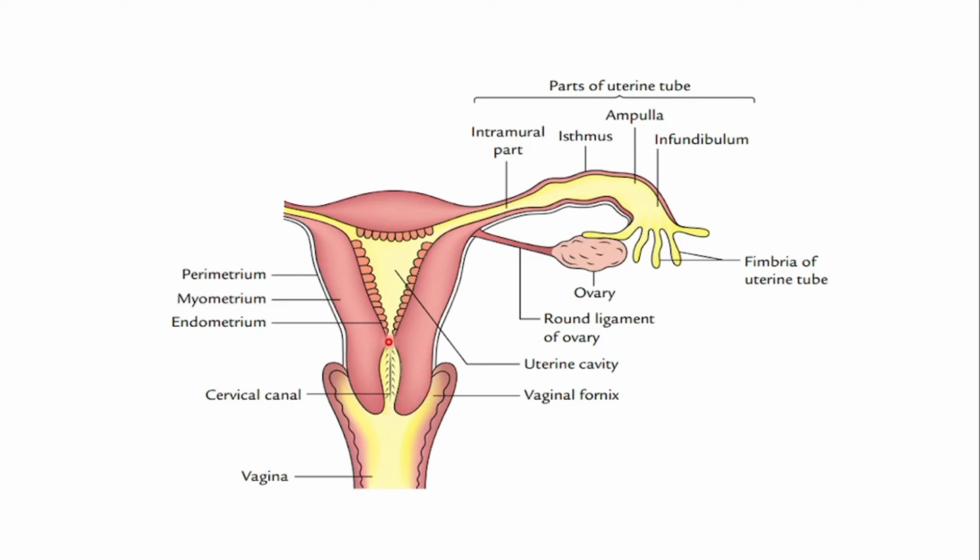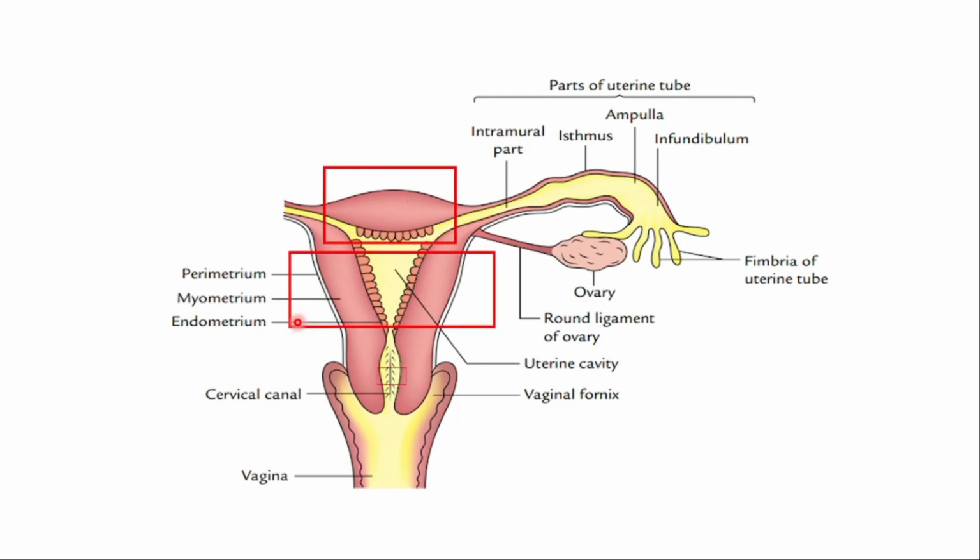So we can see the cervix with its cervical opening here. This is the internal os or the internal cervical opening, and then this is the external cervical opening that opens into the vagina. It's also called the external os. We have the vagina and the fornix of the vagina. The uterus is partitioned into three parts as the fundus, the body, and then the cervical part of the uterus.